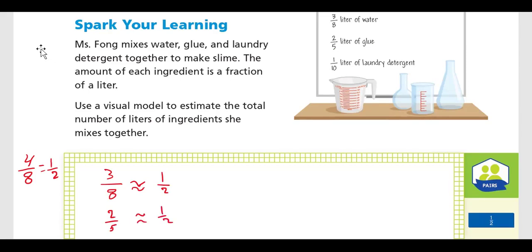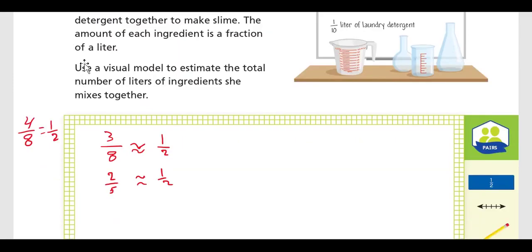And 1 over 10 is close to 0. Why close to 0? Because we know 5 over 10 is half. 1 is less than 5, so it's close to 0, not 1, not half, and also not a quarter.